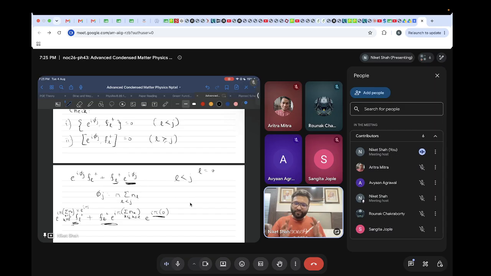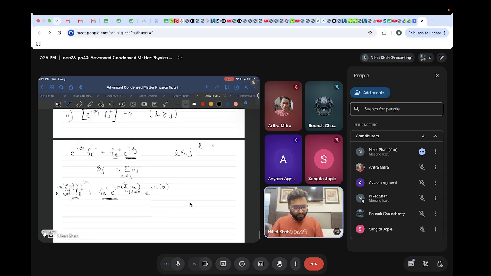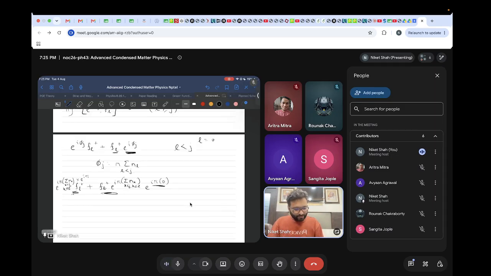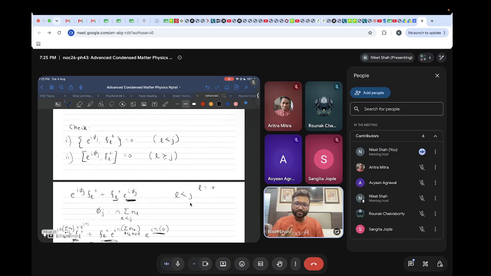So what that ends up giving me is e raised to power I pi sum over nk, k less than J, k not equal to L, that's outside, FL dagger, minus, sorry, I'll have a minus FL dagger plus FL dagger, that gives me 0. So now I can see that this anti-commutation relation is clearly satisfied.